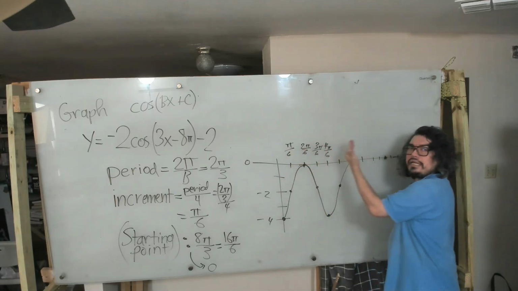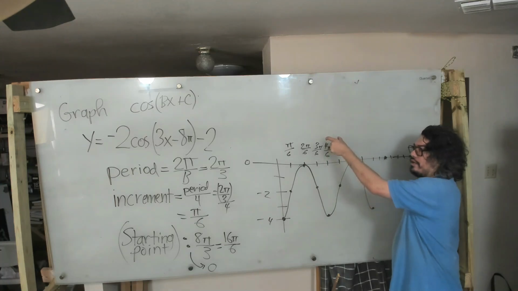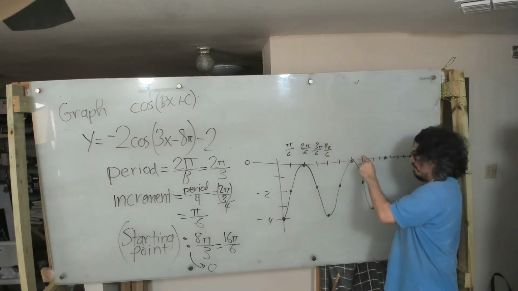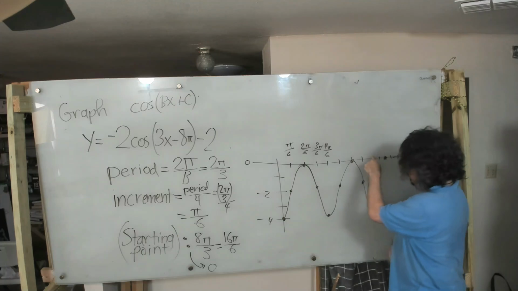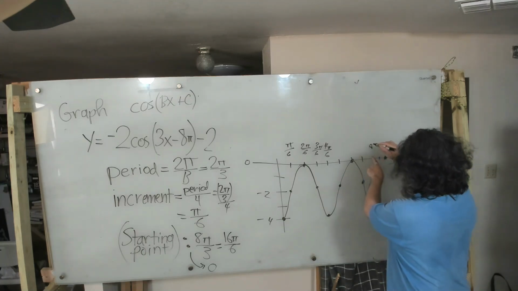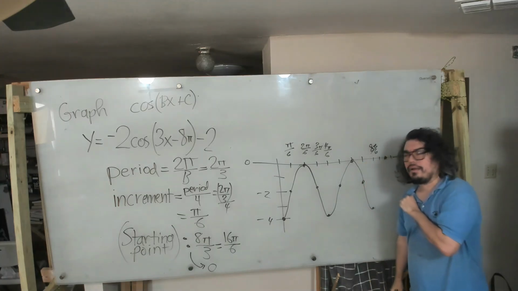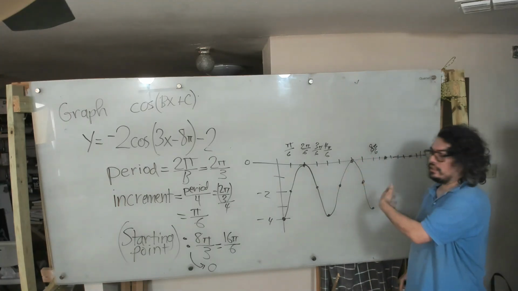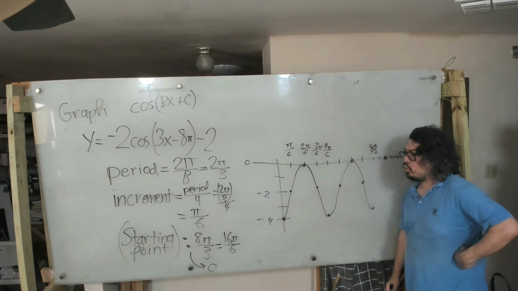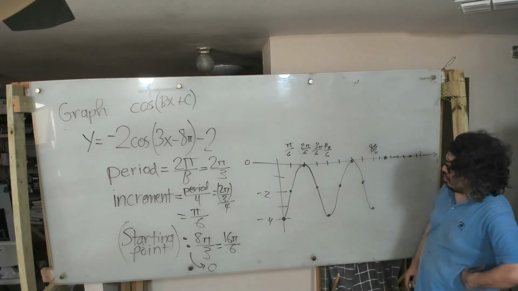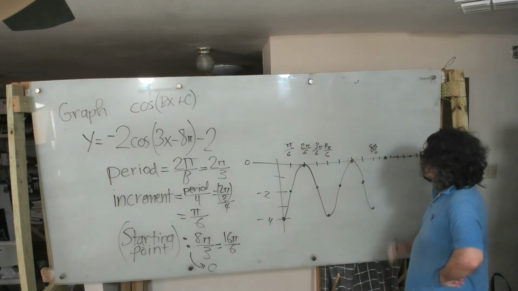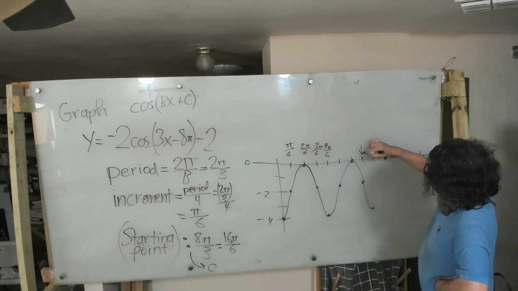Remember, we can keep adding the increment, so 5 pi over 6, 6 pi over 6, 7 pi over 6, 8 pi over 6, to find the x coordinates that correspond to the particular y coordinates of this graph. Okay. So, for example, this would be 7 pi over 6 here.